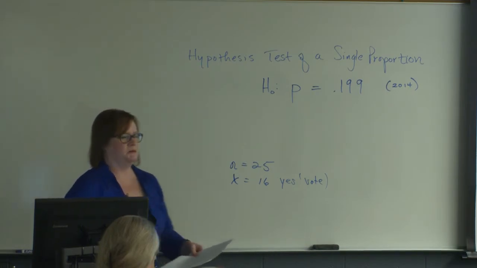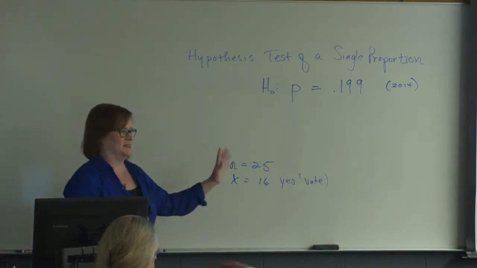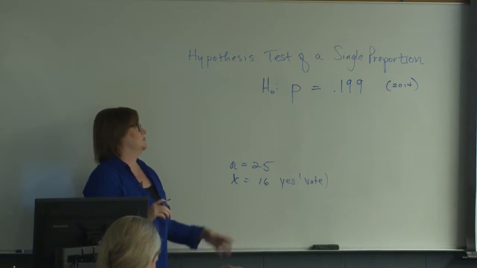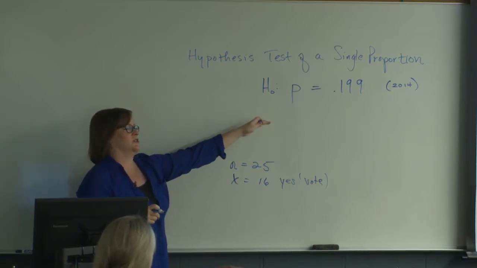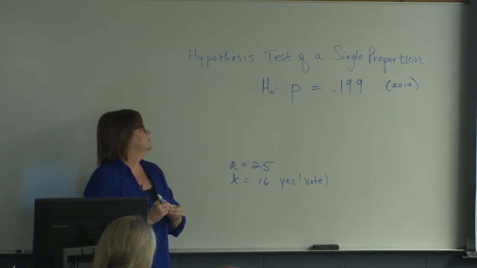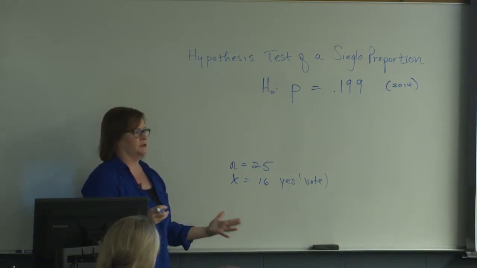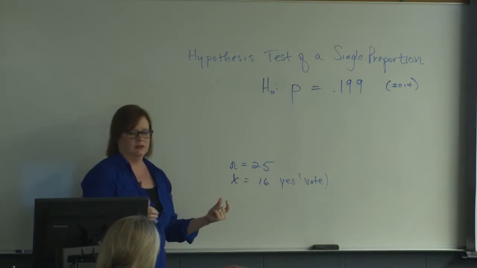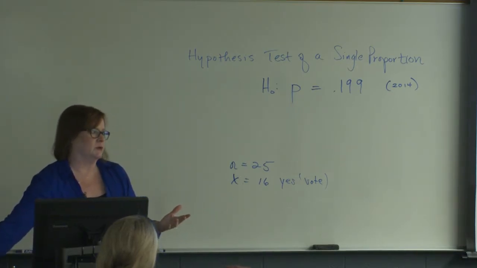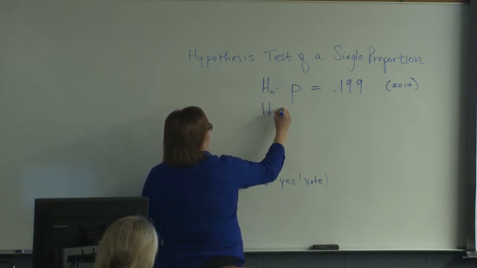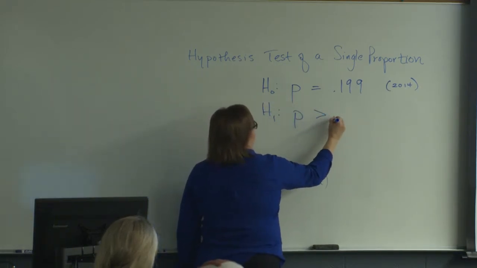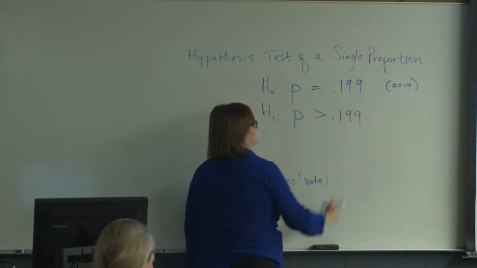So I probably should have asked the question before I gave you the results of the data. What kind of test should we do? You want to just try and show it's different, or do you want to show it's higher or lower? From everything you're hearing, you probably think it's higher. That's what I was thinking we could try. Let's see if it's greater than 0.199.